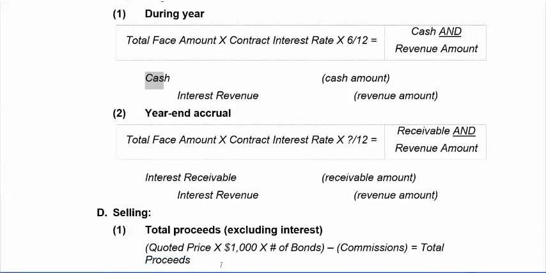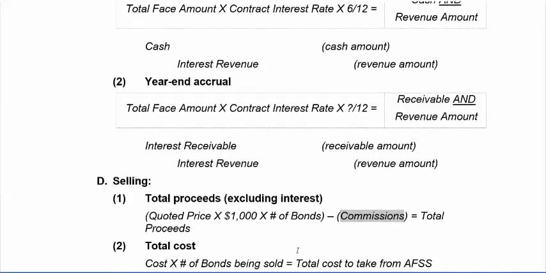When you sell the bonds, you take the quoted price, which is a percentage, times the $1,000, times the number of bonds, and you subtract commissions, because the broker is going to get commissions on a purchase and on a sale. Either way, more money goes to the broker, whether it's more paid by you when you buy or less received by you when you sell. And that'll be the total proceeds you get from selling the bonds.